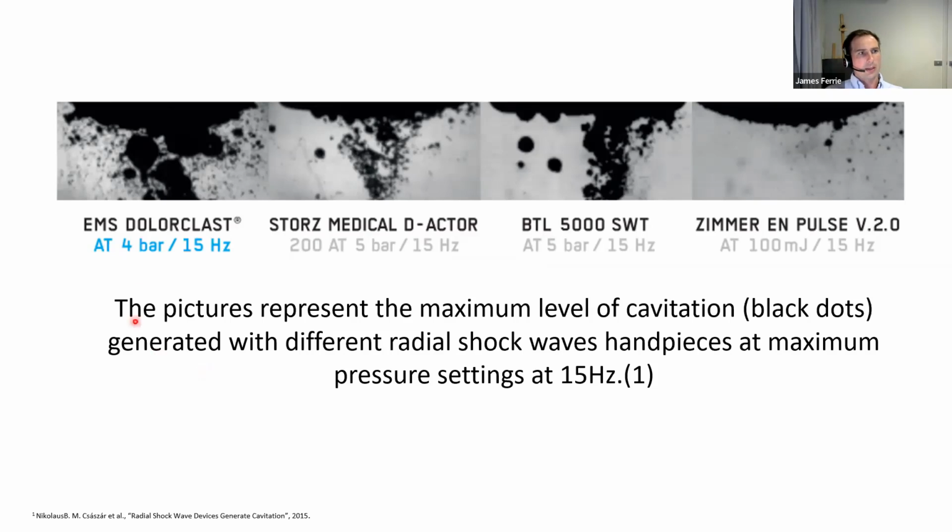What we can see is that the cavitation, those little black bubbles, which are really important in terms of the therapeutic effect, have different profiles depending on different machines and different parameters. But we've got all of these devices working at 15 Hertz, meaning there are 15 shocks per second. But we can see quite a different amount of cavitation. And what's important when we're treating at those higher frequencies is that with a lot of devices, we can lose a lot of energy, and that's going to have an effect on the clinical result.